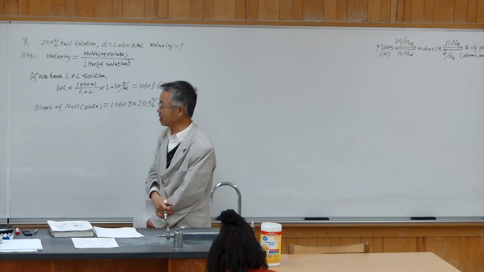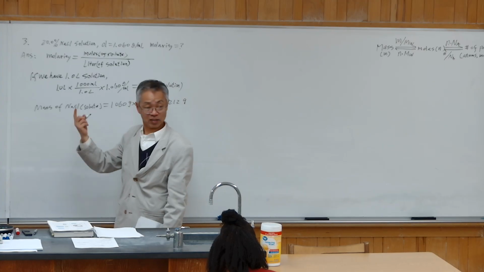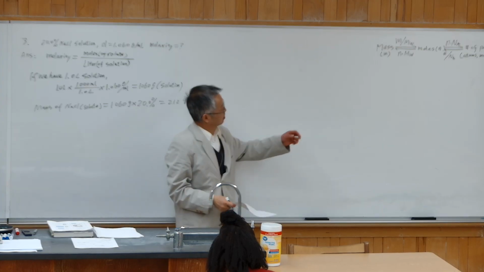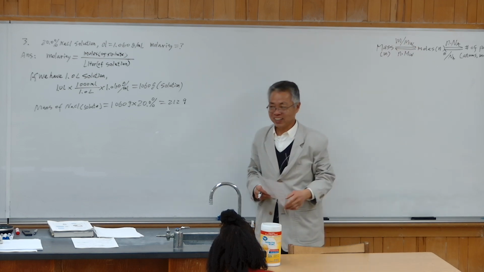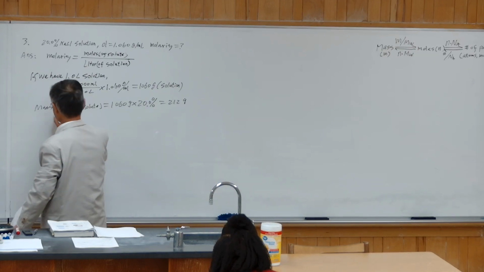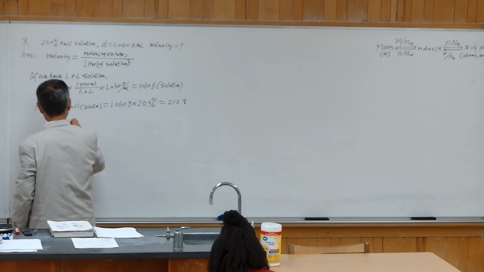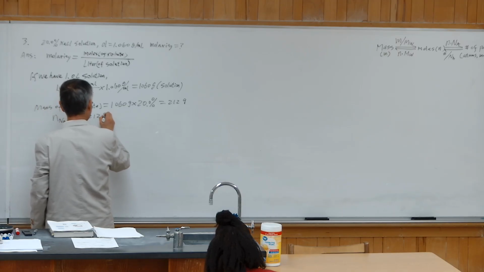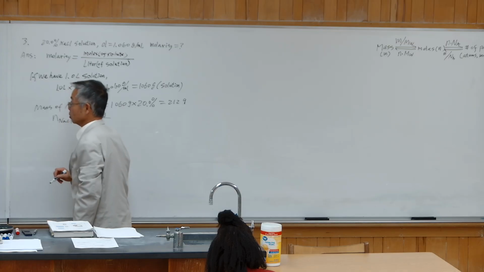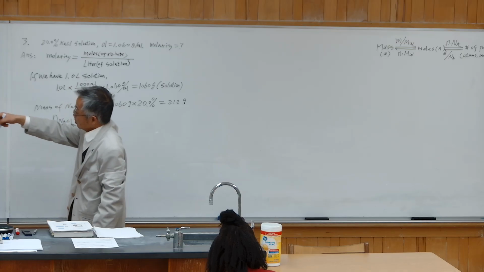And for the mass of solute, we convert to moles. Mass divided by molar mass gives moles. The moles of solute will be 212 grams divided by the molar mass, the same as in question 2.